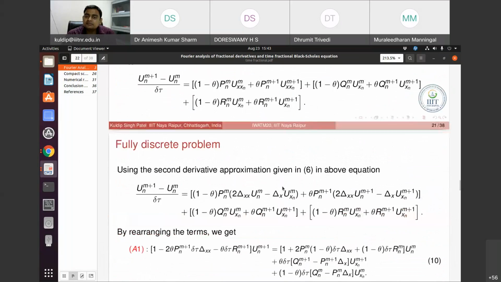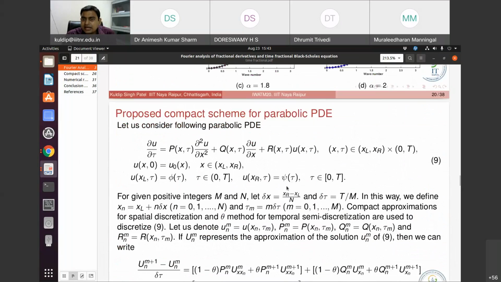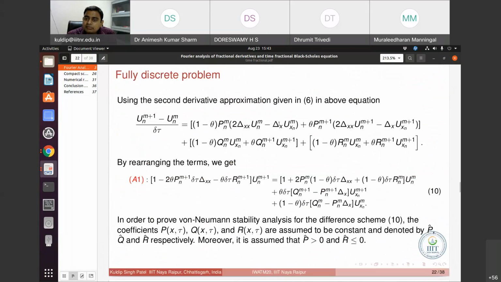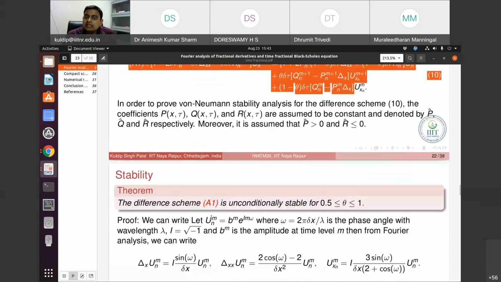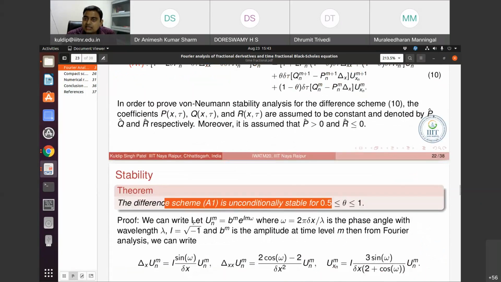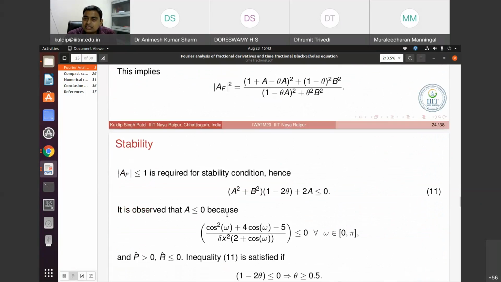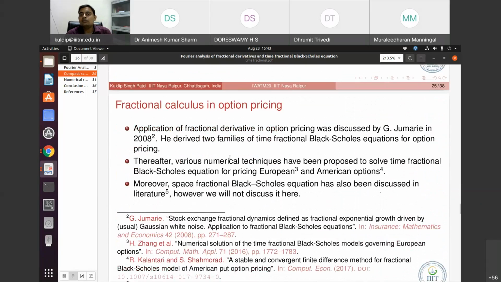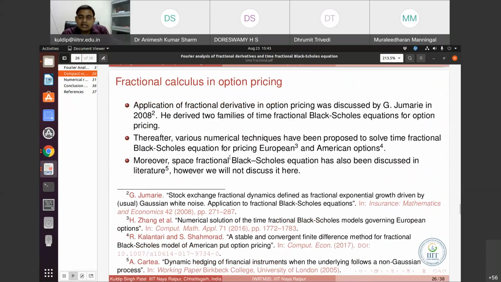Then of course, let me very quickly recall that we proposed a compact scheme for parabolic PDEs, then we showed that it is unconditionally stable, and that there is a way to solve it, and we did it. But can we apply that compact scheme for fractional differential equations also? And as I keep saying again and again, I am particularly interested in option pricing PDEs.